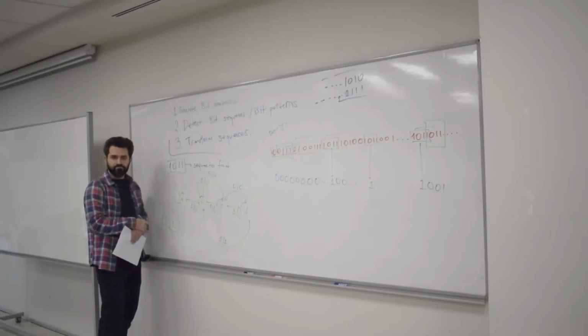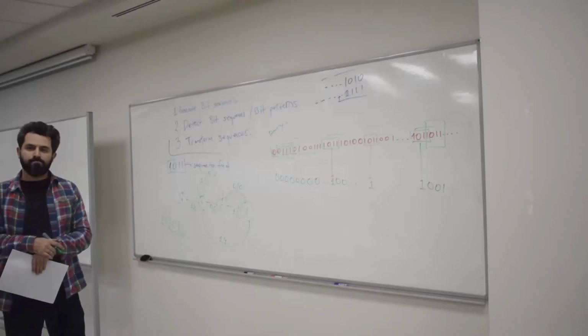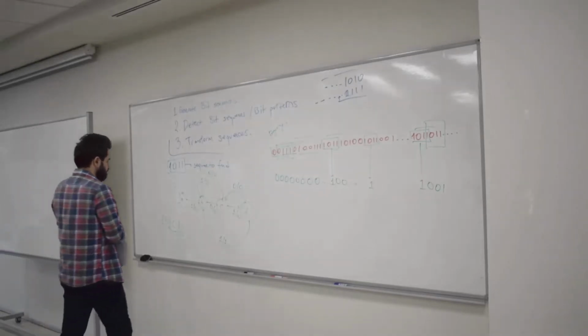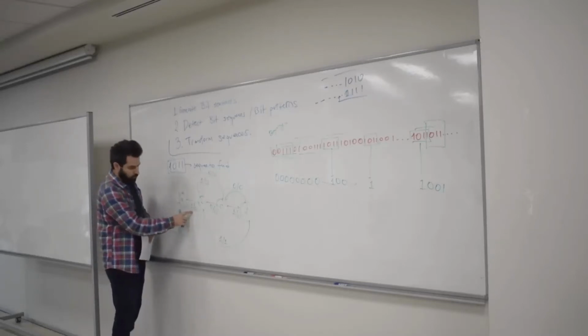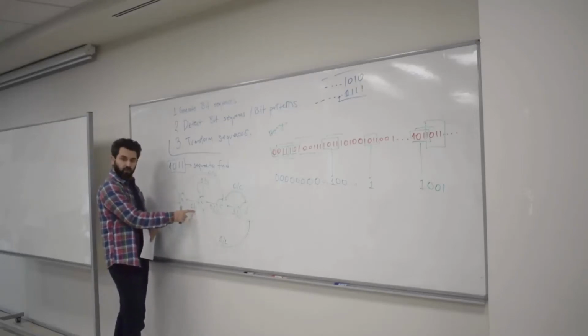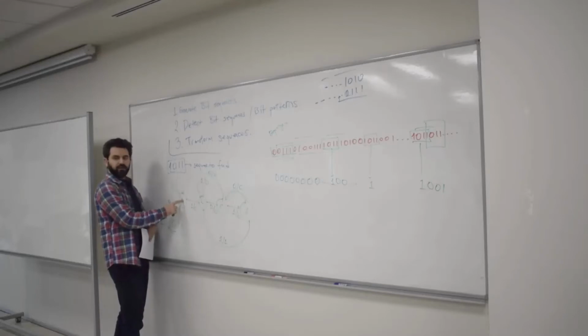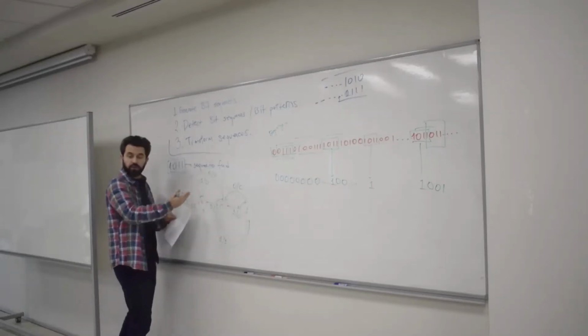So for example, for A, if the input is 0, the output is 0, so it goes maybe to B with 0. What you're seeing on those arrows is an input-output relationship. When you're in state A, the system jumps from one state to another.